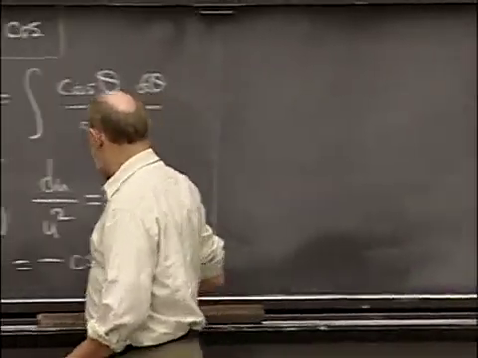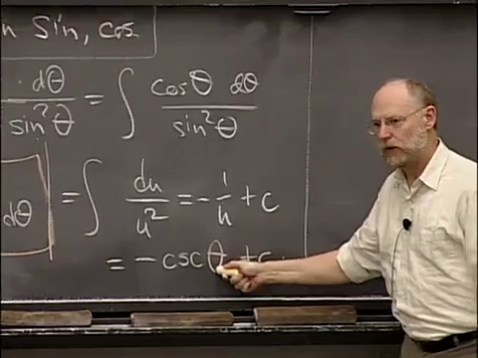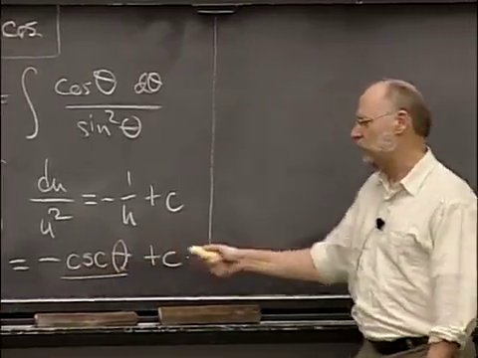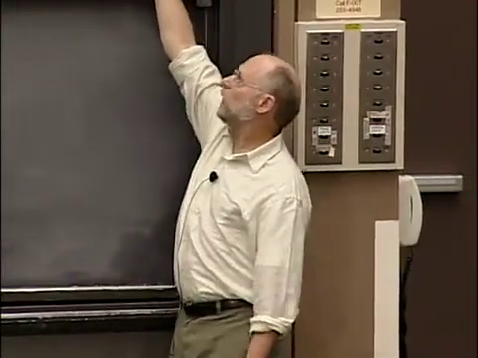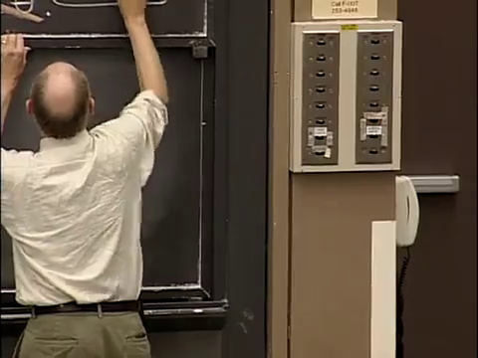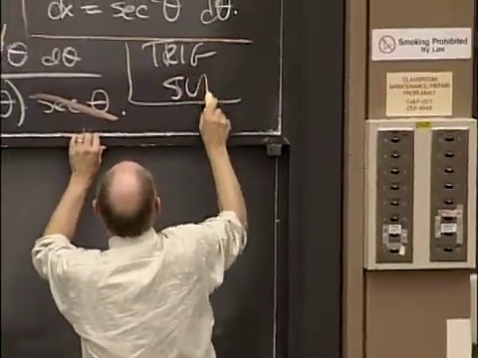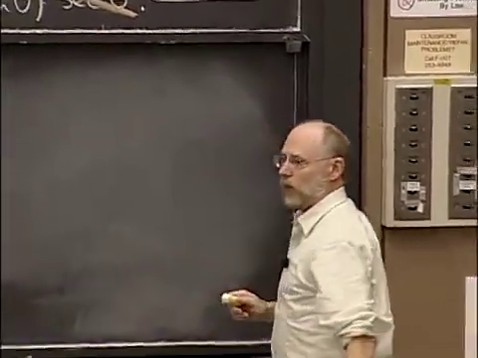What I want to talk about right now is how to rewrite a trig term like this back in terms of x. So I want to undo this trig substitution, and I'll show you a general method for undoing trig substitutions.